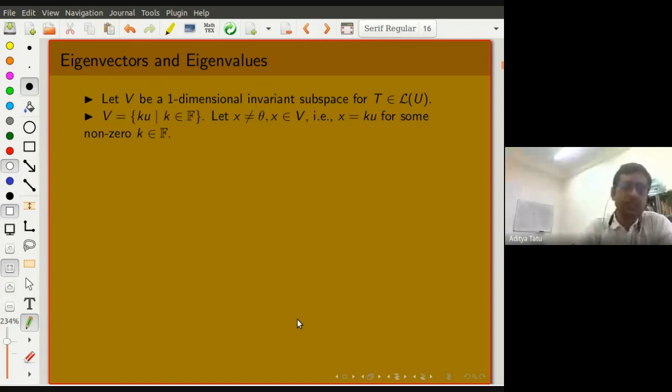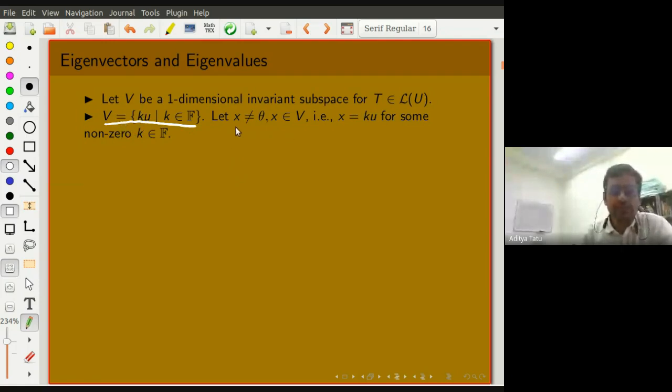So if it is one-dimensional, the entire subspace is nothing but all scalar multiples of a specific vector, which can be thought of as a basis of that one-dimensional subspace. So therefore, we can write V as k times U, and U of course is the basis of V.